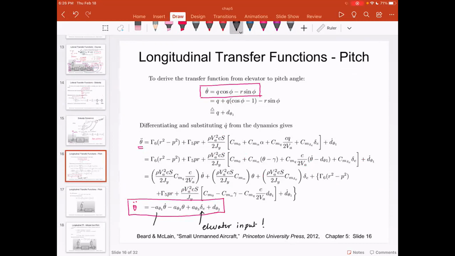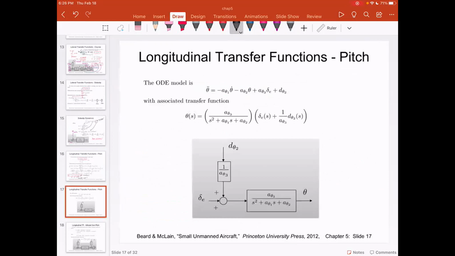This is a constant, this is a constant, this is another constant, and this is the disturbance. The terms which are complicated, nonlinear, and that affect the linear behavior, those are called the disturbances. We want to minimize those.